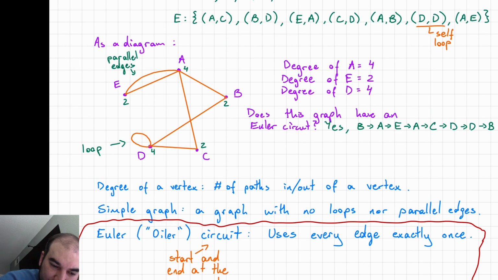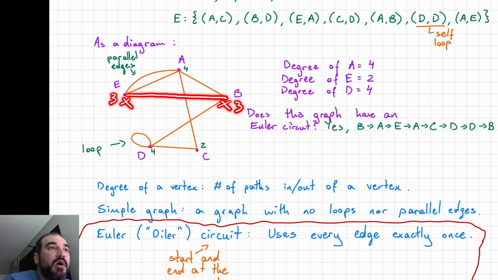I don't know if I want to mess up the notes. But you can imagine if there was an edge connecting E to B, for example, then these numbers would no longer be 2 because E now has a degree of 3 and B has a degree of 3. And A, C, and D are unchanged, which means there are exactly two odd vertices in that situation. And the answer for the Euler trail would be yes.